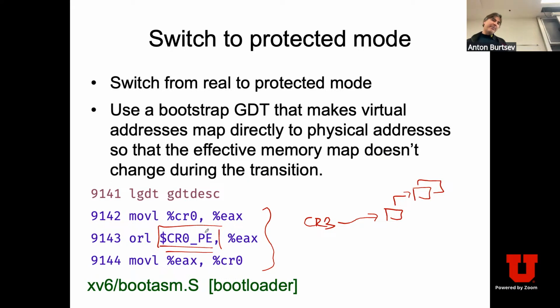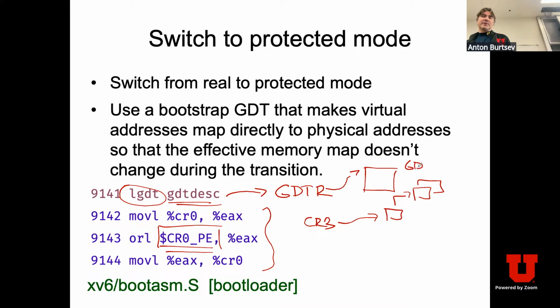But essentially, what happened here is we said, okay, we will load the pointer to the global descriptor table. We use this specific instruction, load GDT. It's an Intel instruction. It loads this descriptor, in a specific format, into the global descriptor table register, right? Yet another register which points, roughly speaking, to the root of the global descriptor table, right?